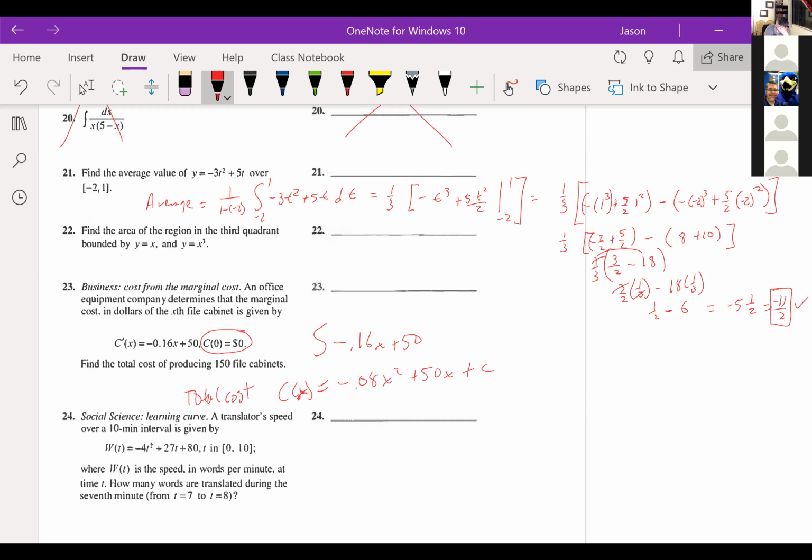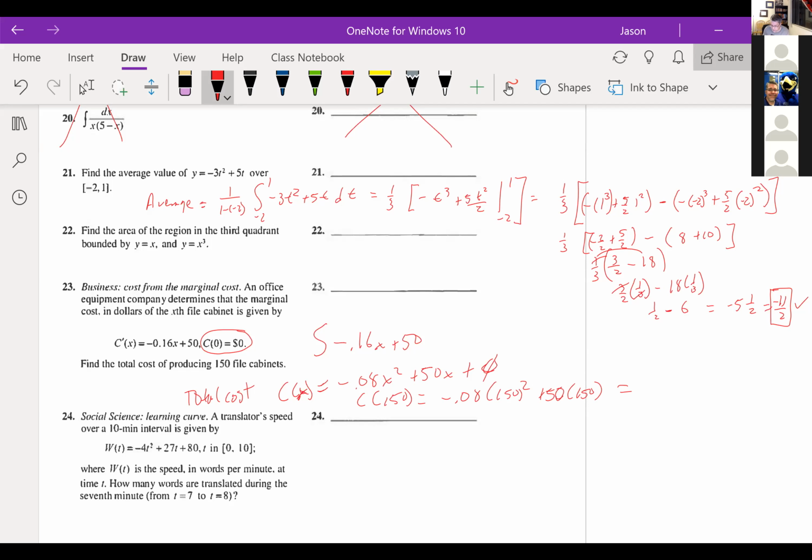And then they're saying, well, what happens when I plug in 0? I get 0, right? So I plug in a 0 here, and a 0 here, and a 0 here, I should get 0. So what does that tell me? That tells me c is equal to 0. And so then I just plug in C of 150 into negative 0.08 times 150 squared plus 50 times 150. Okay, and that comes out to some value for the total cost.